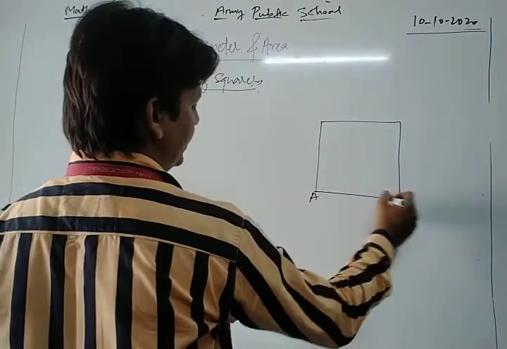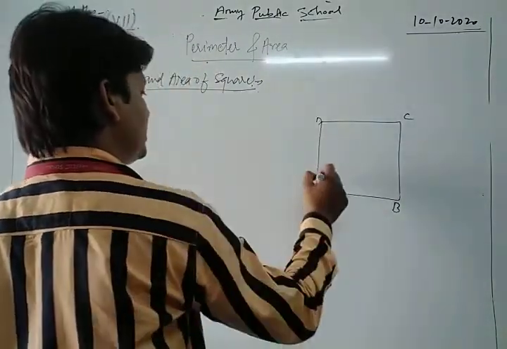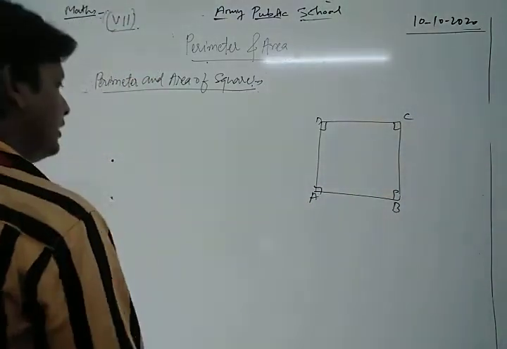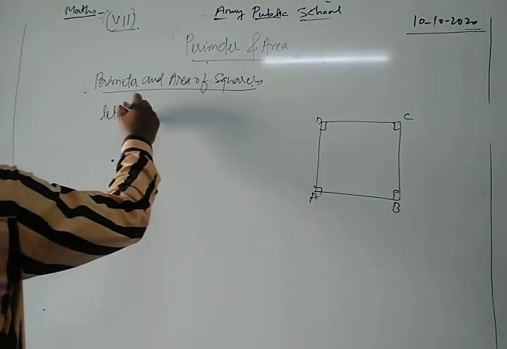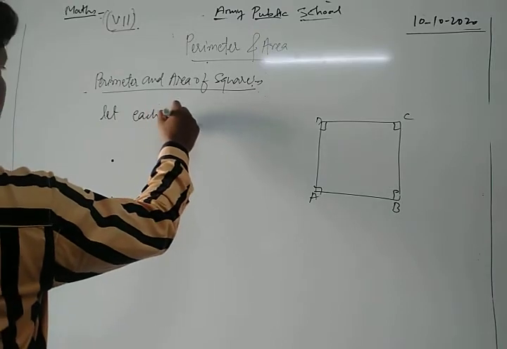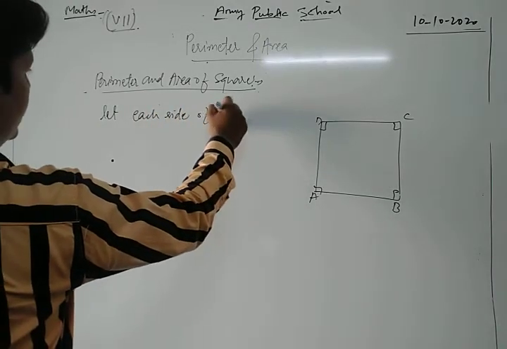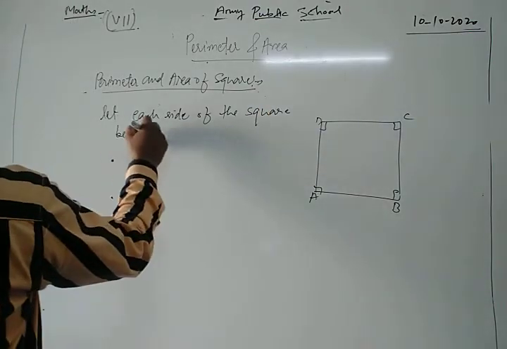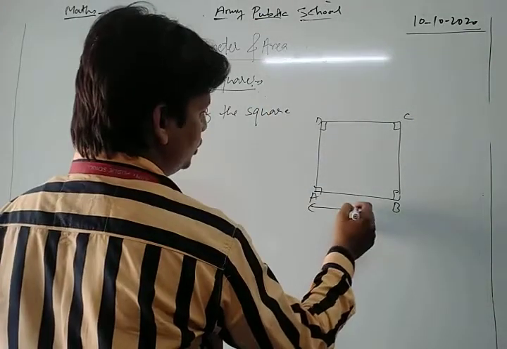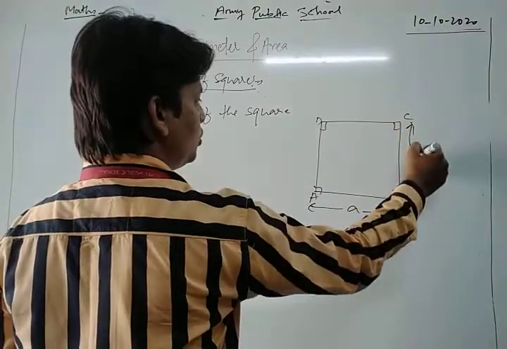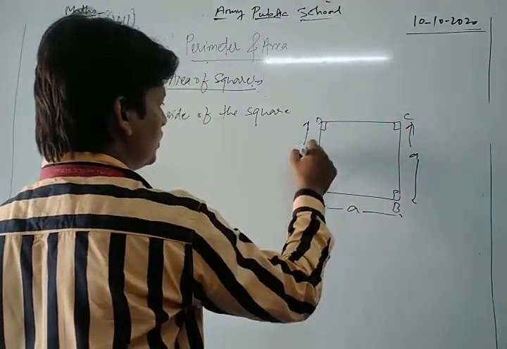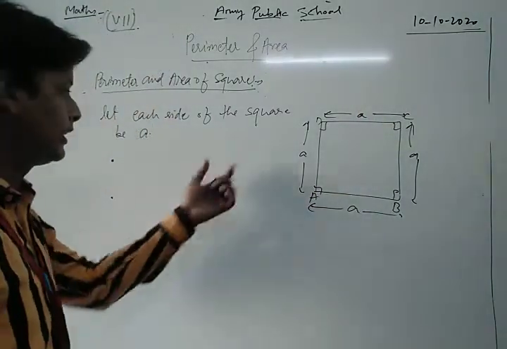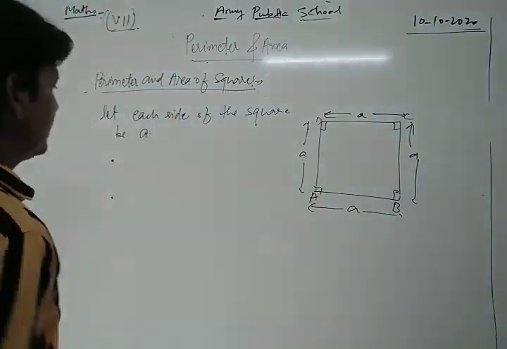Suppose this is a square ABCD in which each angle is equal to 90 degrees, and let each side of the square be A. You know that in the square all sides are equal to each other. Then what is the perimeter?